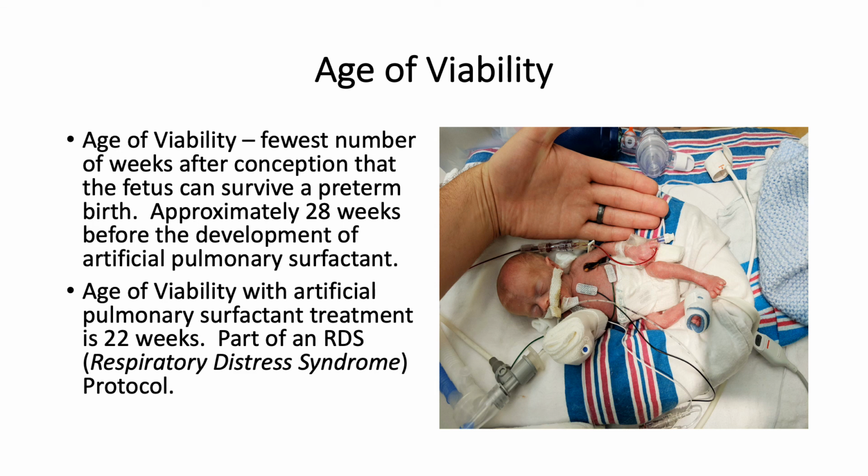But some interesting things happened as a result, and that is that you could see these really tiny babies, sub 1 pound babies born. As you can see here, the size of a person's hand.